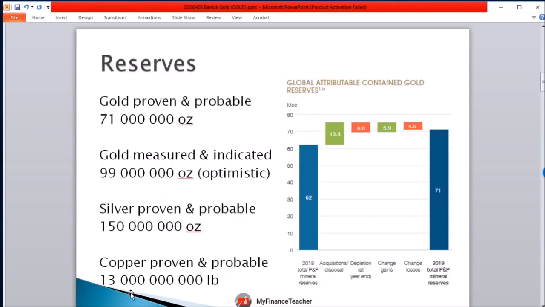Looking at the annual reports of Barrick Gold, we see that the company has 71 million ounces in proven and probable reserves. They also have measured and indicated gold reserves of 99 million ounces. We will use these reserves in our optimistic scenario, whereas for the conservative and balanced scenarios, we're actually going to throw this number away completely, reducing our risk of buying an overvalued share.